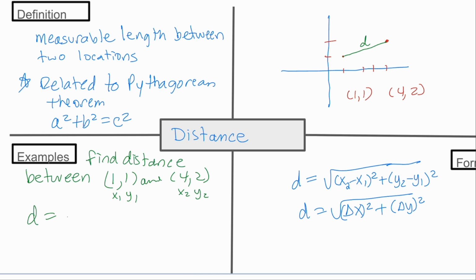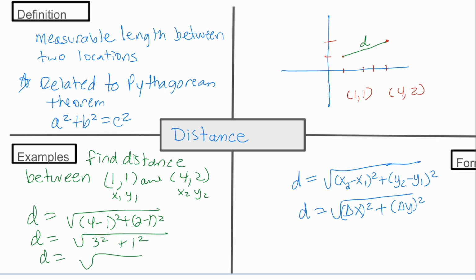So our distance, if we utilize the formula we see here, is going to be the square root of 4 minus 1 squared plus 2 minus 1 squared. Now, follow order of operations. So we are going to do inside the parentheses. We'll get 3 squared and 1 squared.